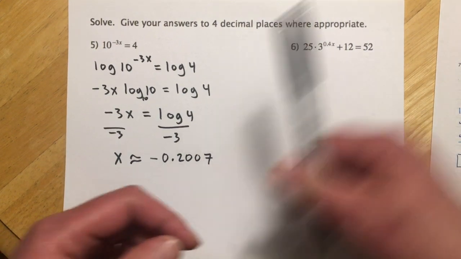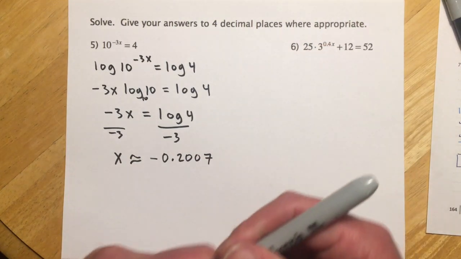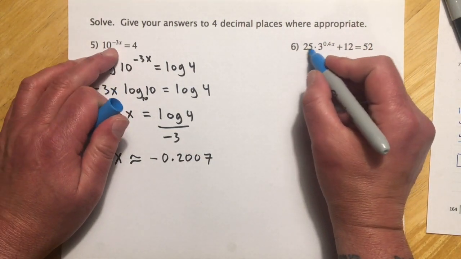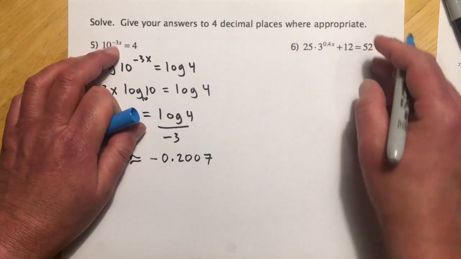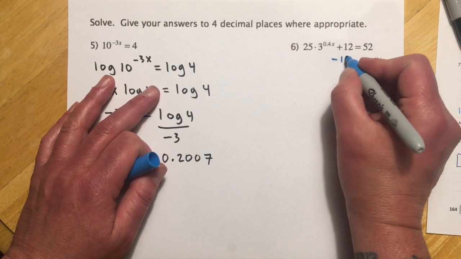So let's see, for this one, let's get the 12 out of there. So I want to isolate this. I want to make it look like this basically. I've got this 25 that's multiplying and 12 adding. So those I can simplify before I do this log step, which will make it way, way easier.